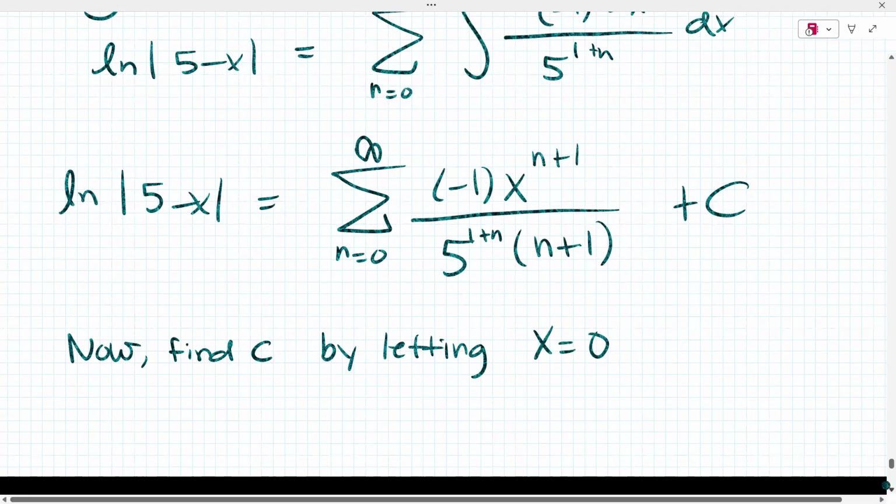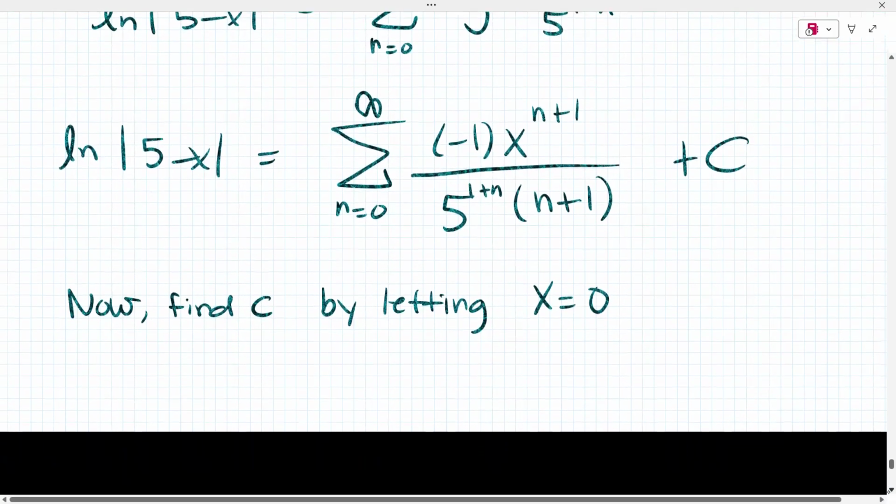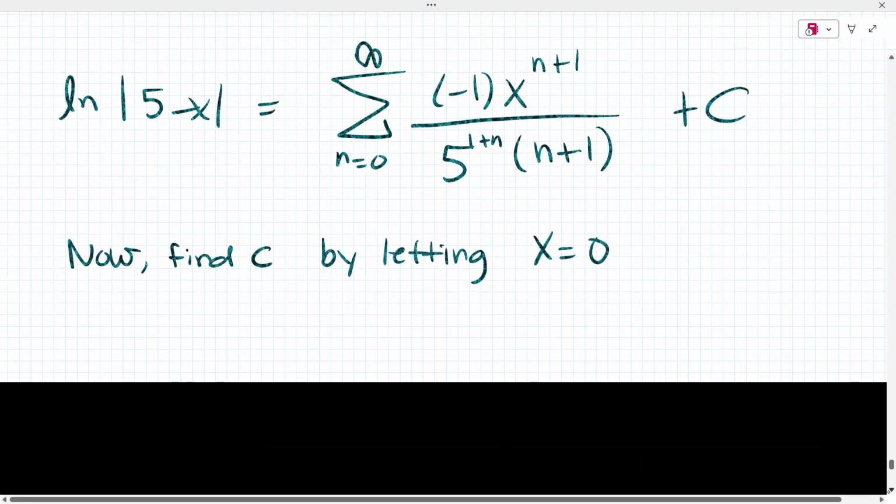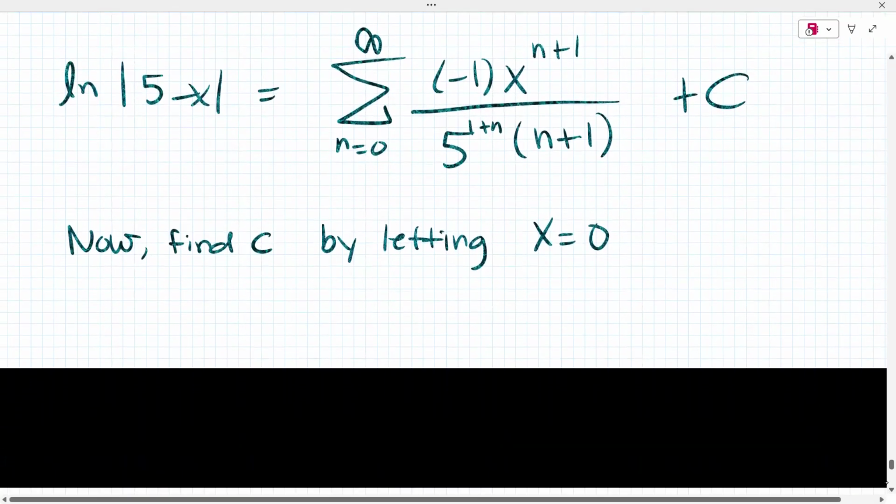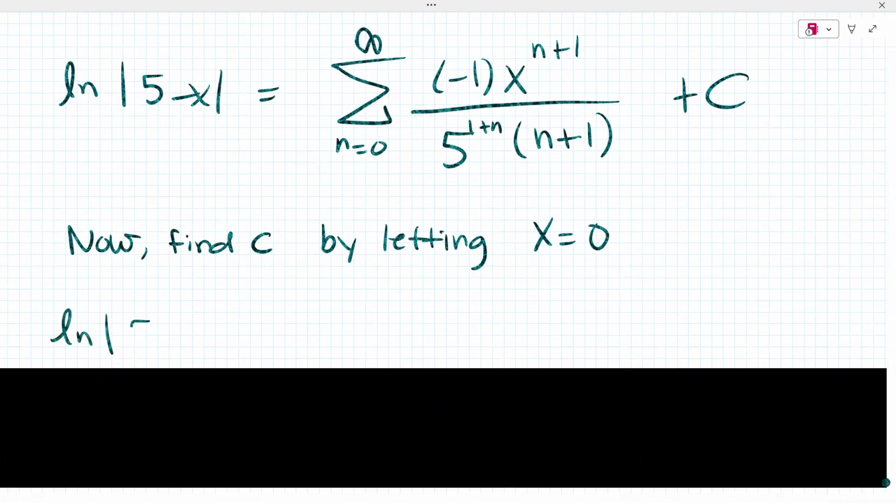So you get ln of 5 minus 0 equals the summation of 0 plus c.